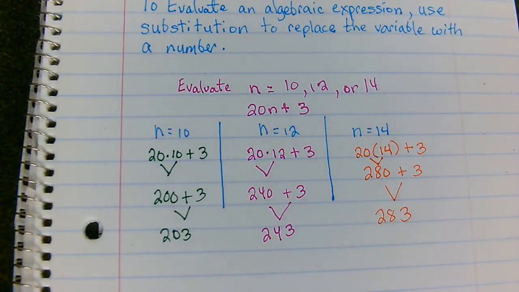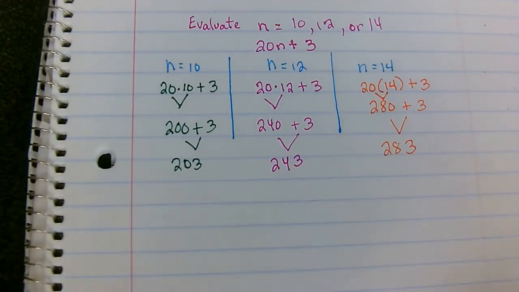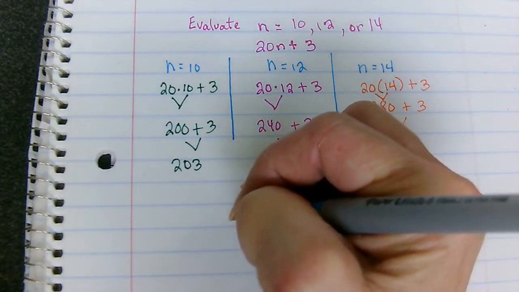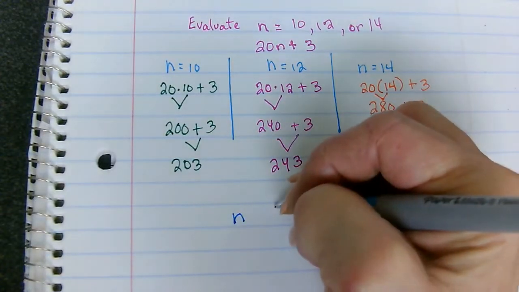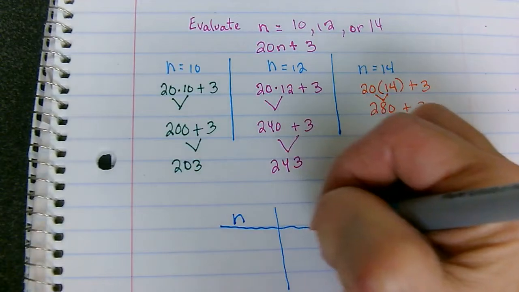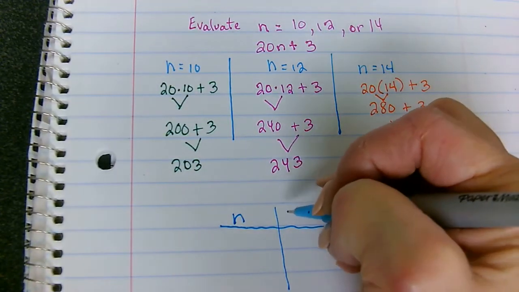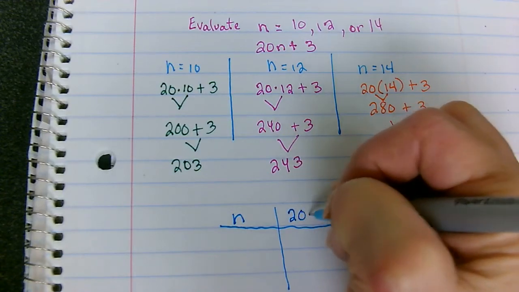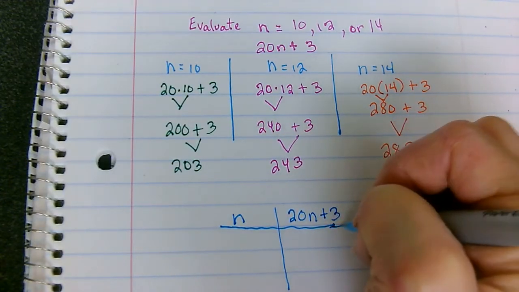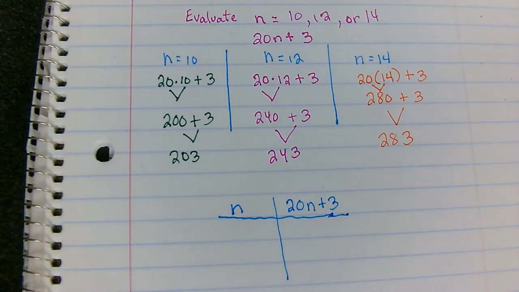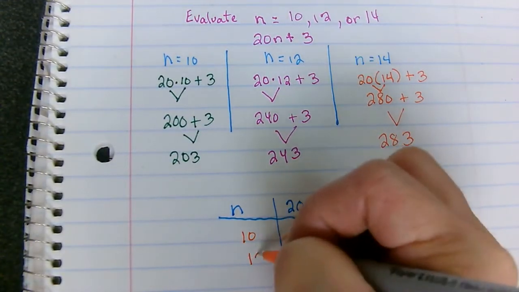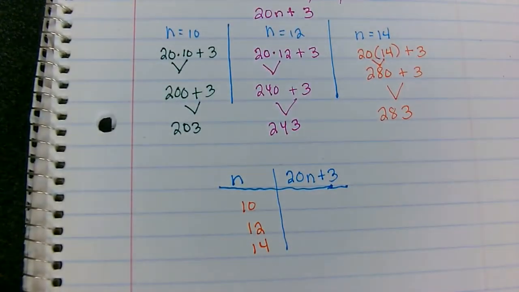Now let's look if we had a table. When we do this, you're going to have some assignments in your Excel that might resemble this. So if I made a table with n on one side, and I had 20n plus 3 on the other side, and I put these values down the left side, 10, 12, and 14, right there.